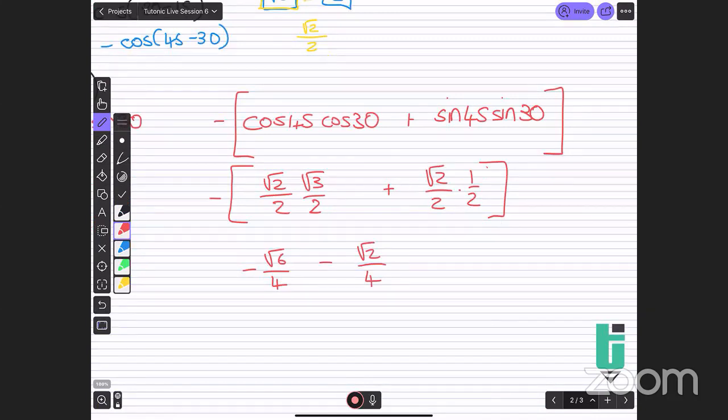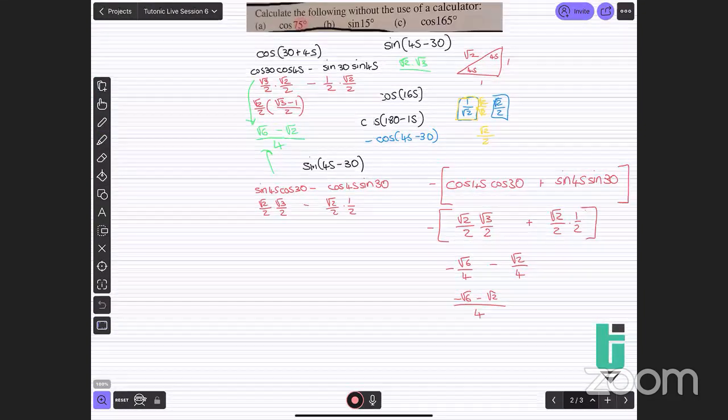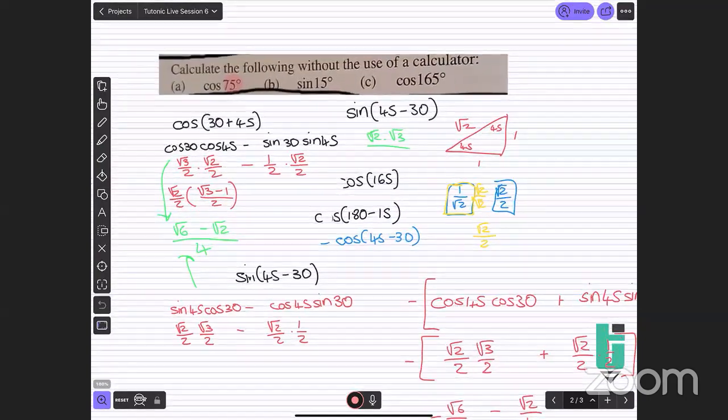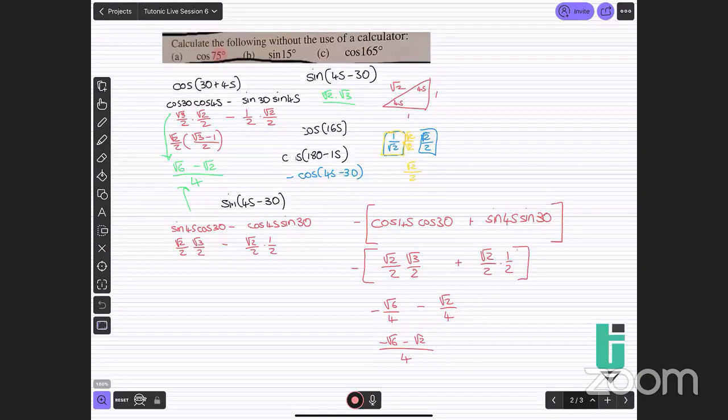Okay. So do you guys see how, just by knowing the special angles, you solved all of this?